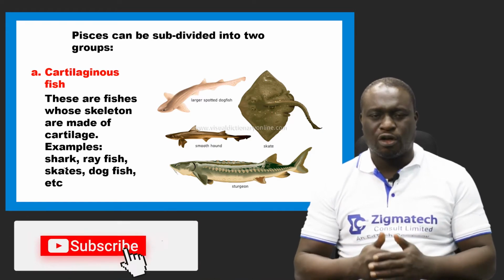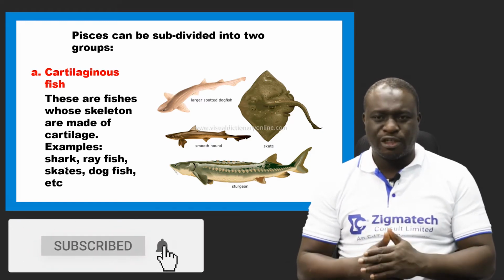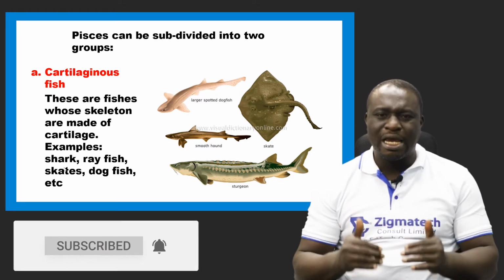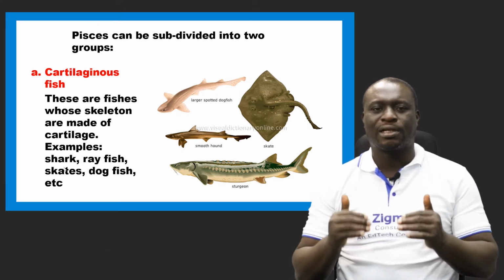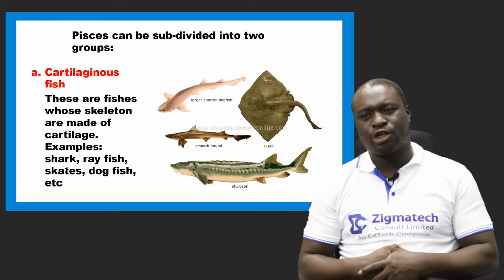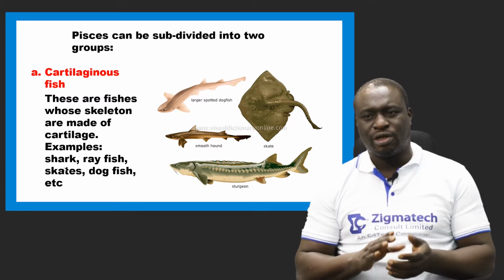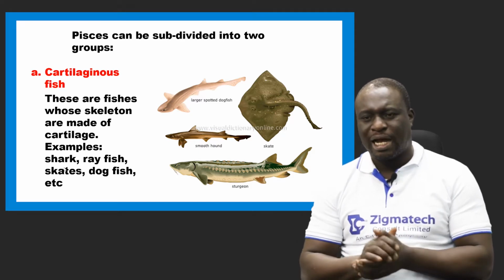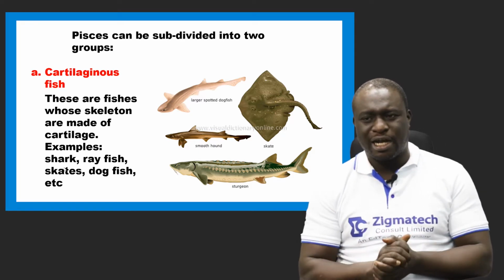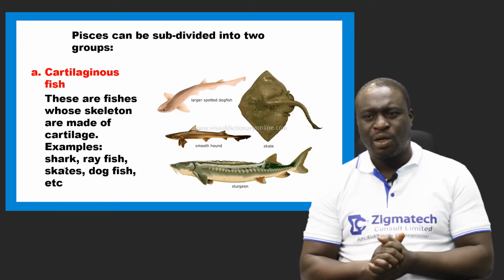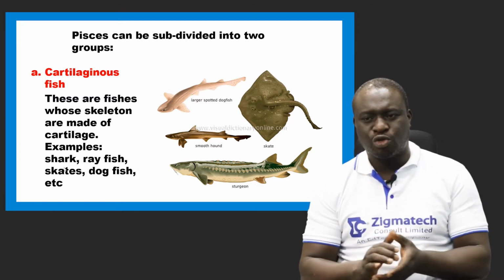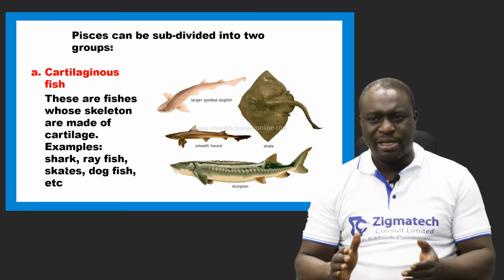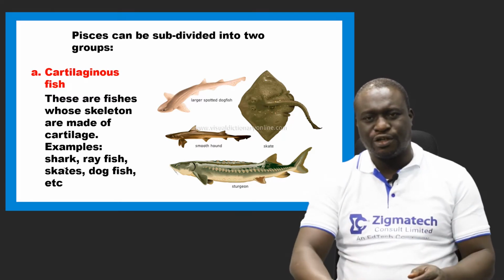But take note that cartilaginous fish have skeletons made up of cartilage. Examples include the shark, the ray fish, the skates, the dogfish, and so on. As you can see on the diagram there, we have the skate, the dogfish, the smooth hound, and so on. These are all cartilaginous fish.